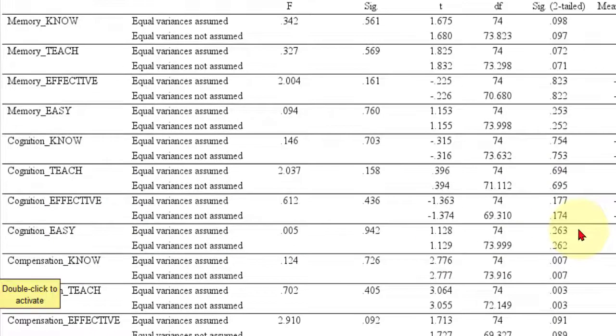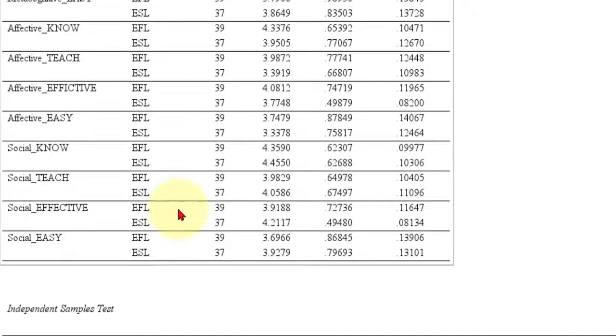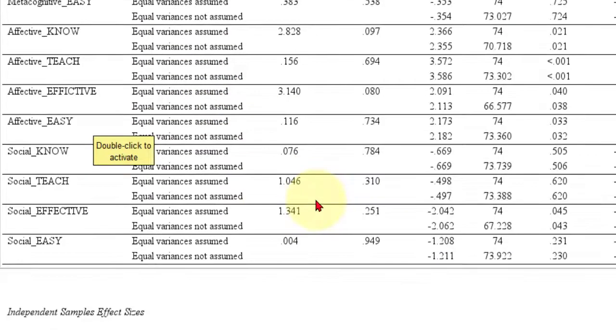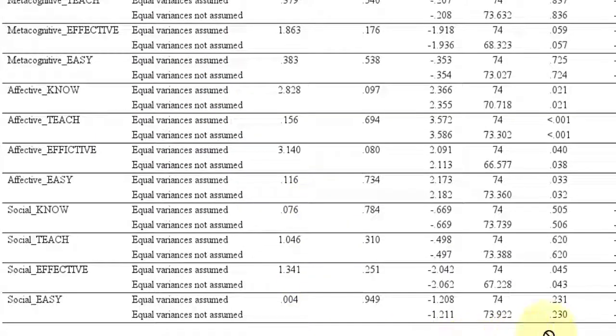So let's go up to the effective scores and see who was high and who was low. The EFL group rated effective significantly higher in every one of those, okay? So that's what I'm seeing. Their scores are significantly higher than the ESL group for compensation, for effective, and a couple of these little weird ones down here. Here's one.